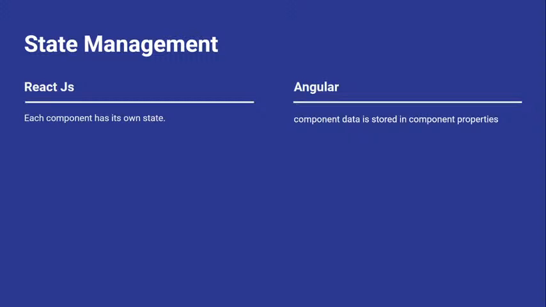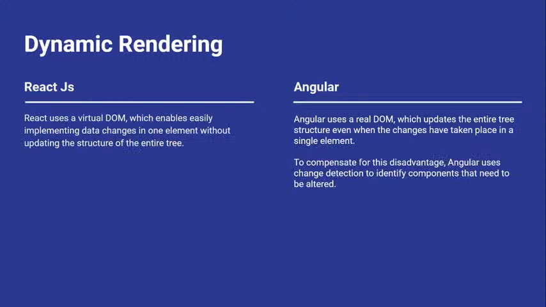If you are using a class component, you can directly use setState. If you are using functional, then you can use the useState hook. But in Angular, all the data is stored in the component variables. So that's why React.js is better for state management and data storing.